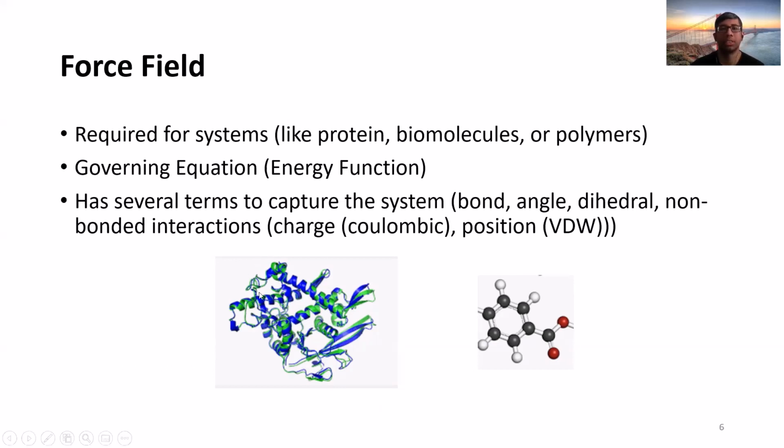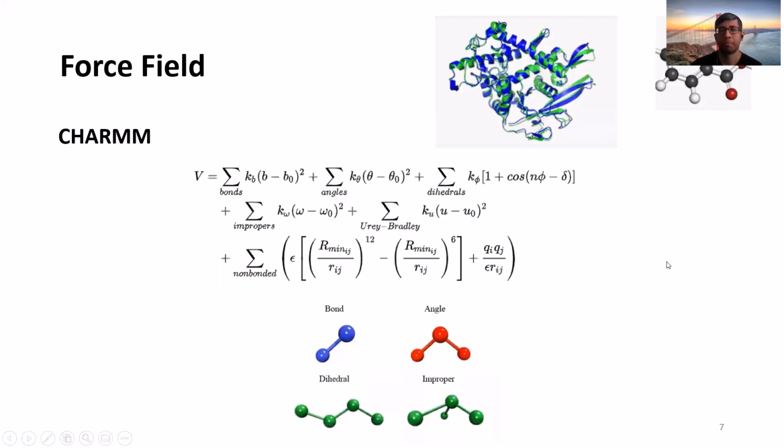Let's say if there is a polymer or a protein, there are bonds, there are angles, there are dihedrals, that is angles that are not in the same plane, and also some non-bonded interactions for charge, that is Coulombic interaction, or for position like van der Waals interaction. So if you want to define the whole system realistically, you have to write terms corresponding to these parameters like bonds, angles, dihedrals. And when you do that in combination, it is called a force field.